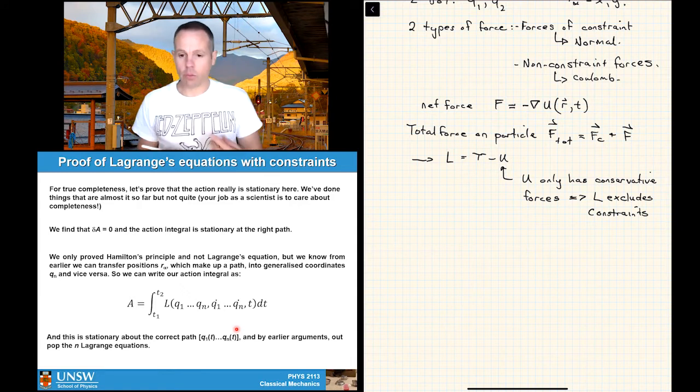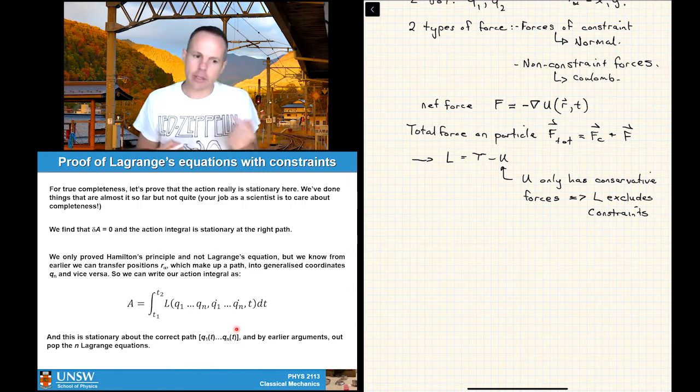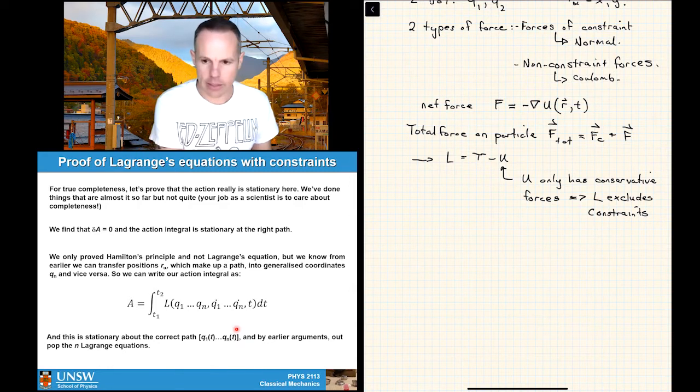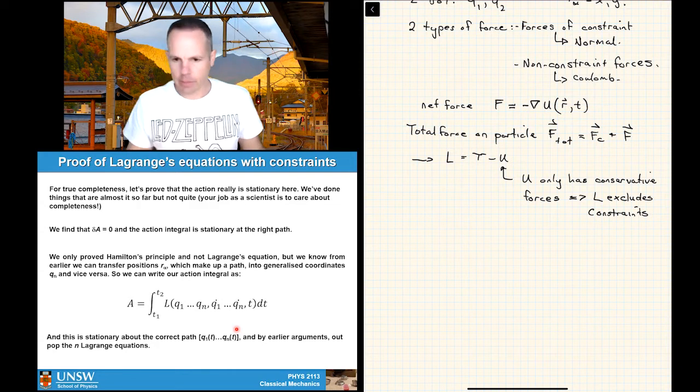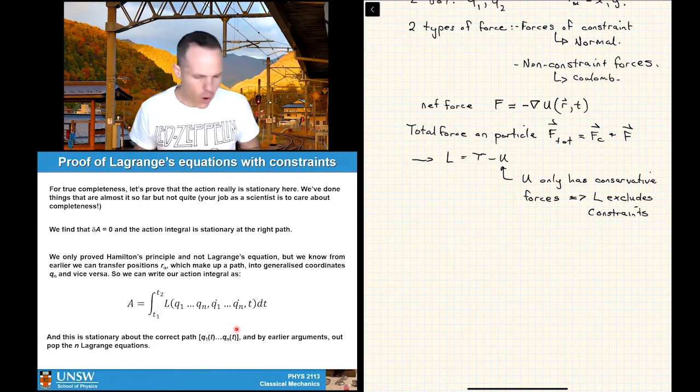And we'll see later on, when we come up with a method to get our constraint forces back, we actually have to add equations. We have to add things to get that constraint force to come back into the problem, and it doesn't come in through that potential. All right, so we've defined enough things here. Let's get on with it.